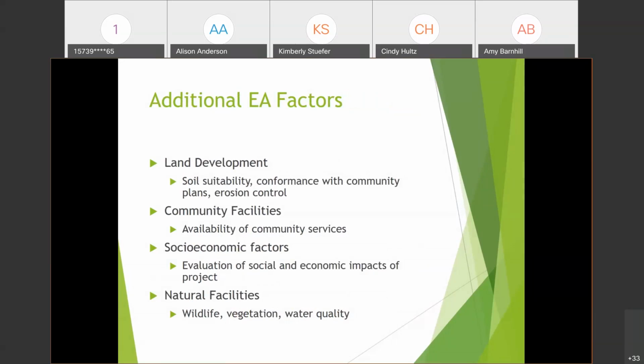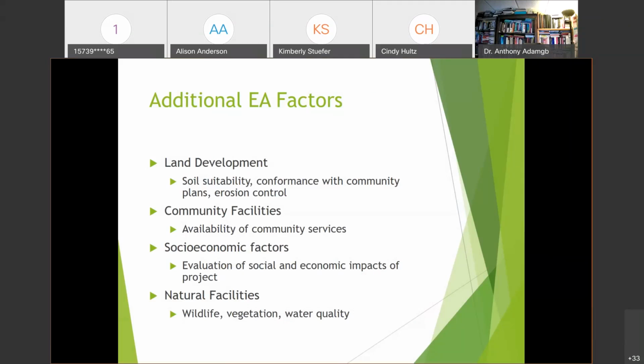Okay, for additional EA factors, this is an additional section that is in the environmental assessment. So you're not going to find this in the exempt or the CEST or the CENST forms, but for only the environmental assessment. And if you use the impact determination guide, there is information about this section, and there are questions in our form that should help guide you as to what to consider in this section.